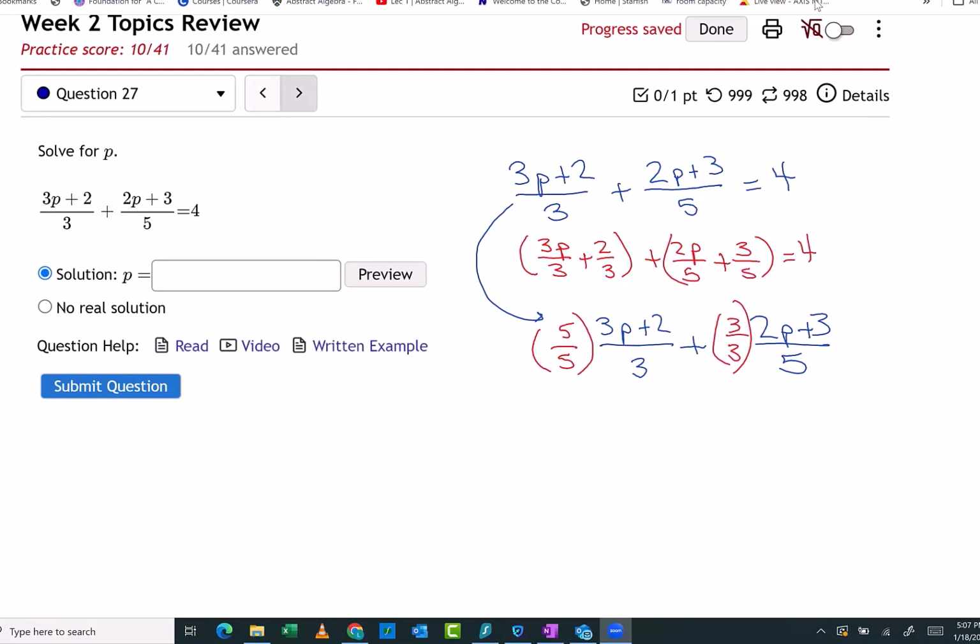Now we multiply. We have to distribute that 5 to both the 3p and the 2. Let me write it down. Let me take steps.